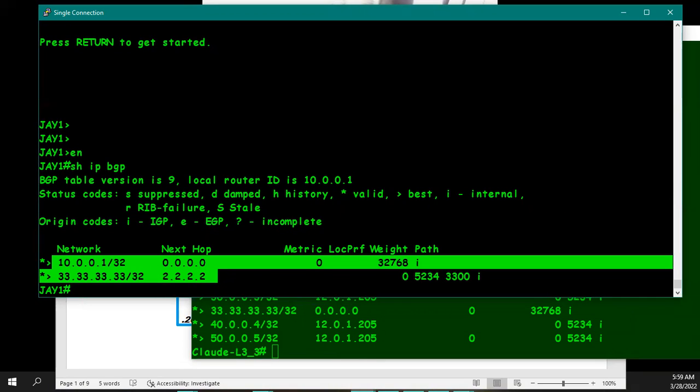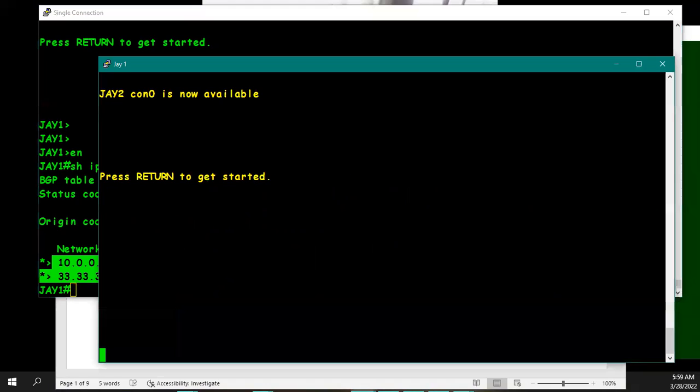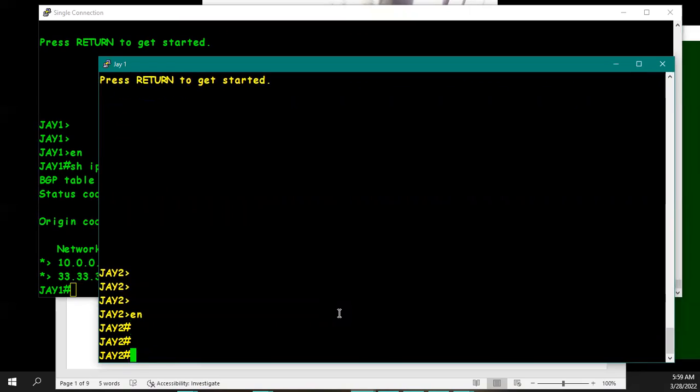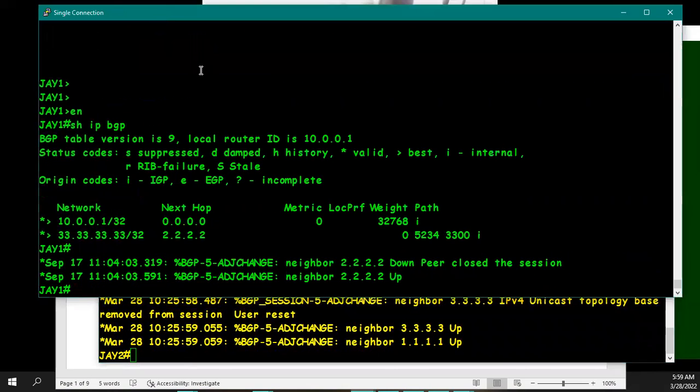The difference, so let me do this. See if this will actually come up and show. I think I got certain debugs turned on. So let me just do this. Let me clear the BGP session here. That's destructive.